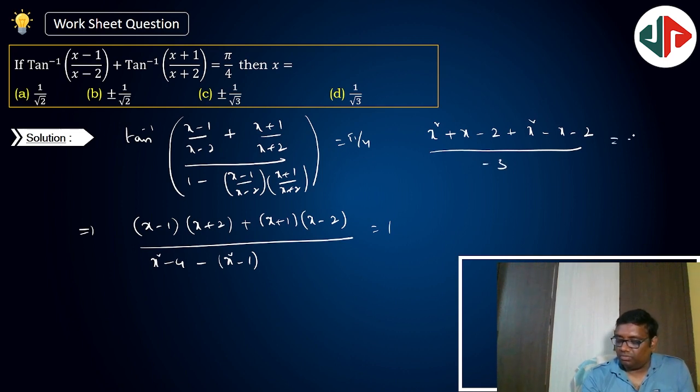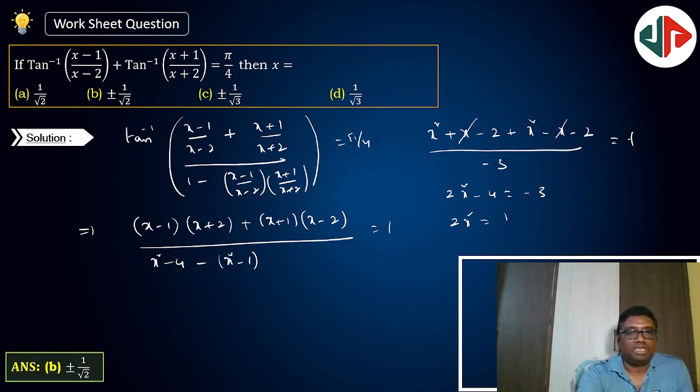So plus x minus x will be cancelled. 2x square minus 4 is equal to minus 3. So 2x square is equal to 1. So x square is equal to 1 by root 2. So x is equal to plus or minus 1 by root.